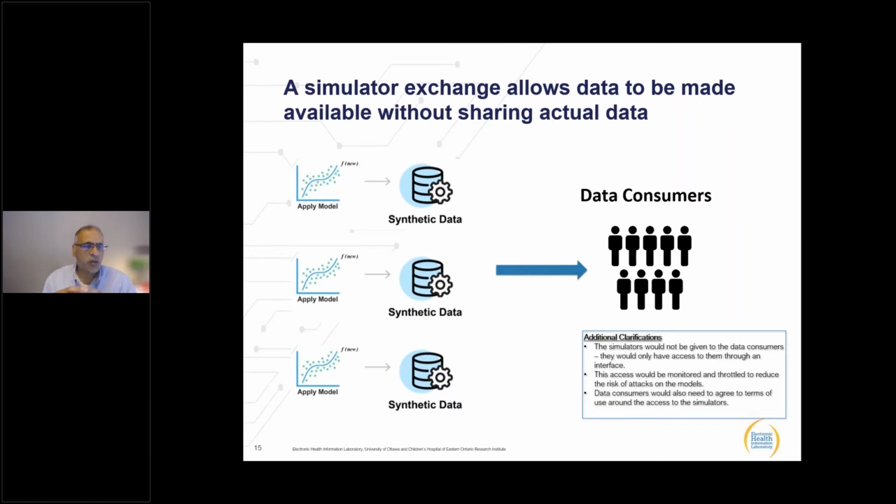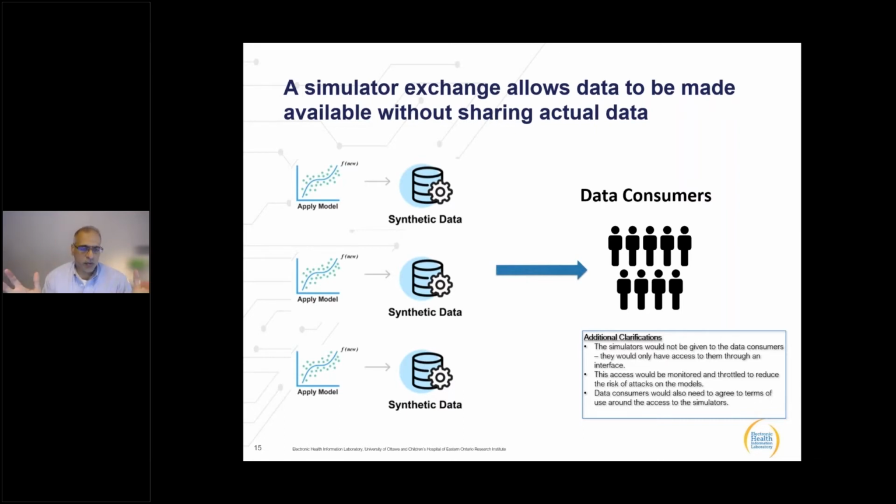So we've been publishing models and characteristics of models for many years. Here we're making available more complex models, but the concept's still similar in the sense that we make available models, and then data consumers go to the models, executable models, and generate new data sets from these models, and they can create an arbitrary number of records from these models to meet their analytic needs. So if you need to augment or amplify data sets, you can generate a large number of observations from these models, and they'd all be synthetic.